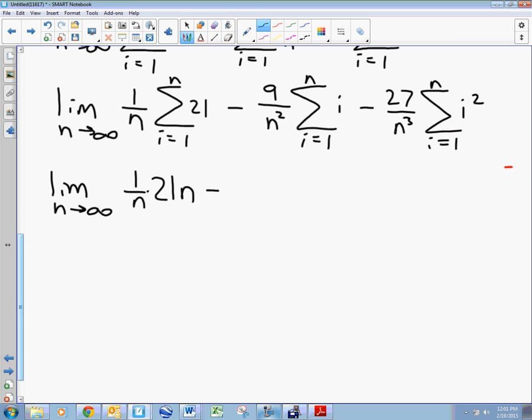And if we add up the first n integers, what does that add up to? And how about i squared?